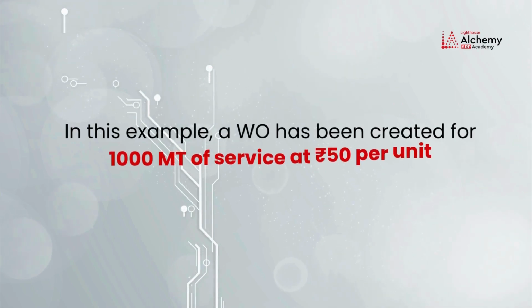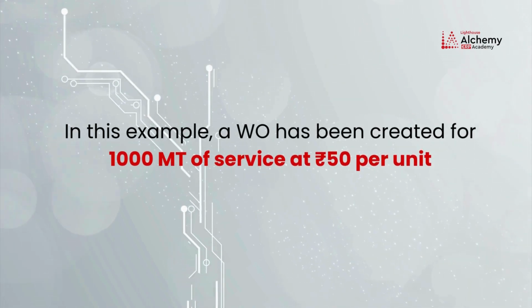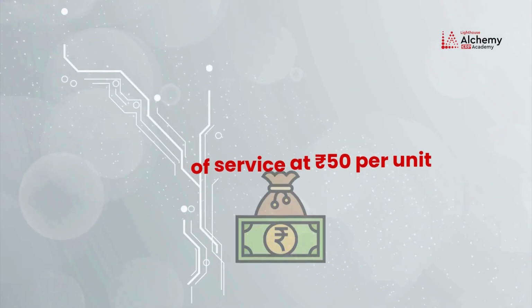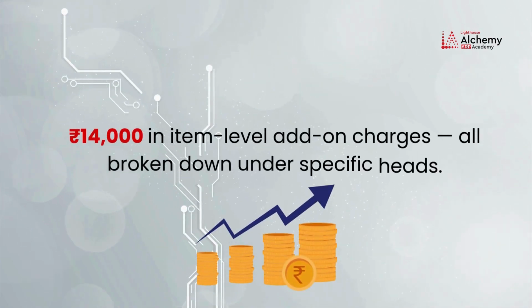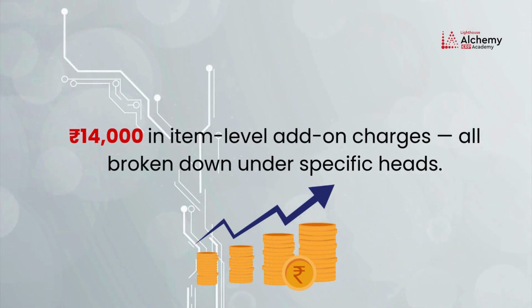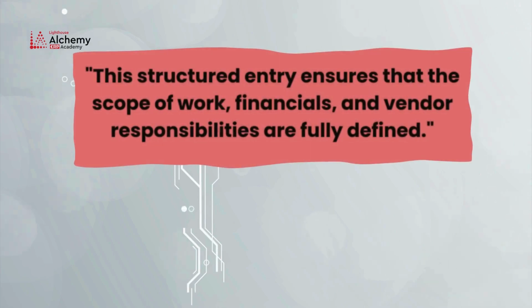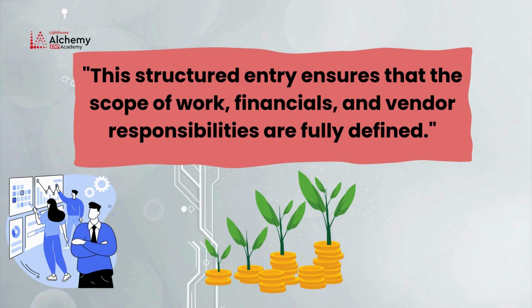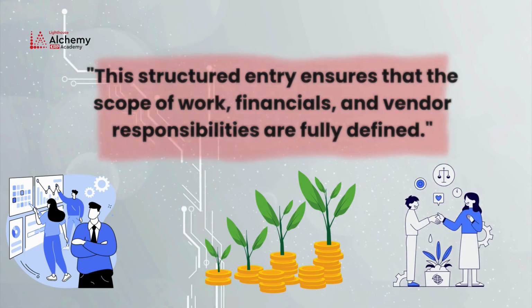In this example, a work order has been created for 1000 MT of service at rupees 50 per unit with rupees 14,000 in item level add-on charges, all broken down under specific heads. This structured entry ensures that the scope of work, financials and vendor responsibilities are fully defined.